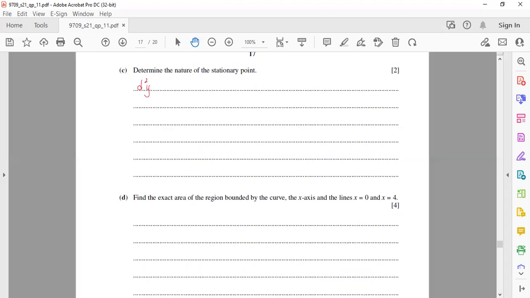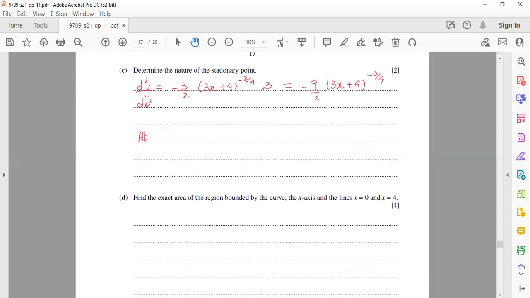So d squared y by dx squared would be equal to, we need to differentiate dy by dx. So when I differentiate dy by dx, it's equal to 2 into (3x plus 4) to the power of minus 3 quarters, times 3. So it's minus 9 over 2 into (3x plus 4) to the power of 3 quarters.